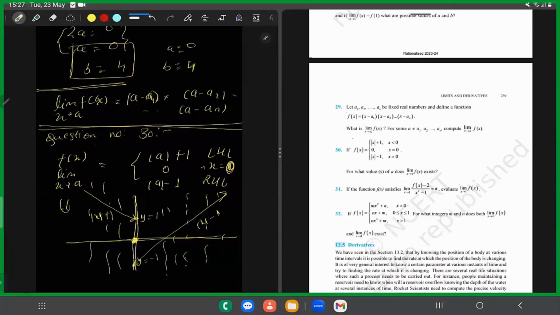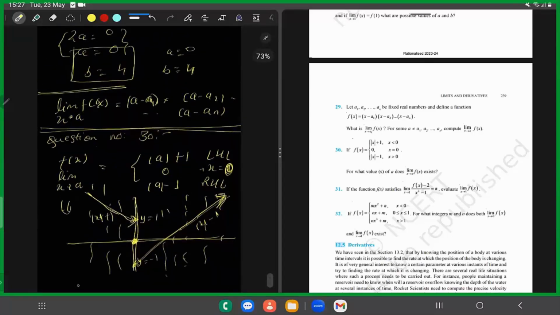We don't have any restrictions because we are not getting any form that is not valid, because for all these values the value of the function would be finite. So we can say that for any value of a belonging to R except 0, because if a is equal to 0, then the right hand limit would be minus 1 and the left hand limit would be plus 1.